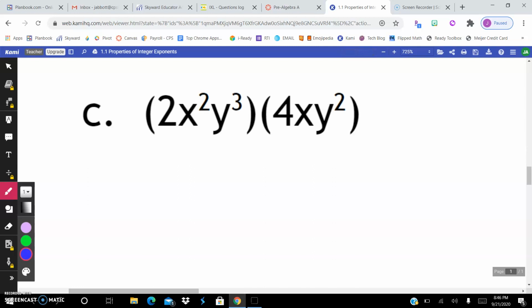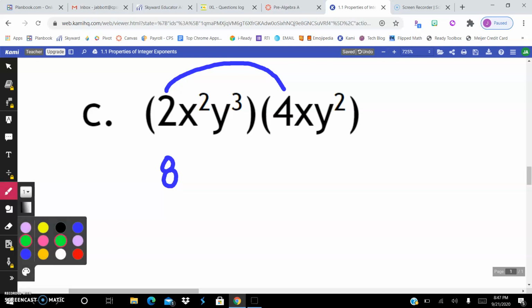This one's a little bit trickier. The coefficients are the numbers out front. So the 2 and the 4, we can multiply those. 2 times 4 is 8, because this is all multiplication, there's no adding or subtracting signs or division signs here. Then the x's, we have x squared times x. If that x doesn't have an exponent, it's really a 1.